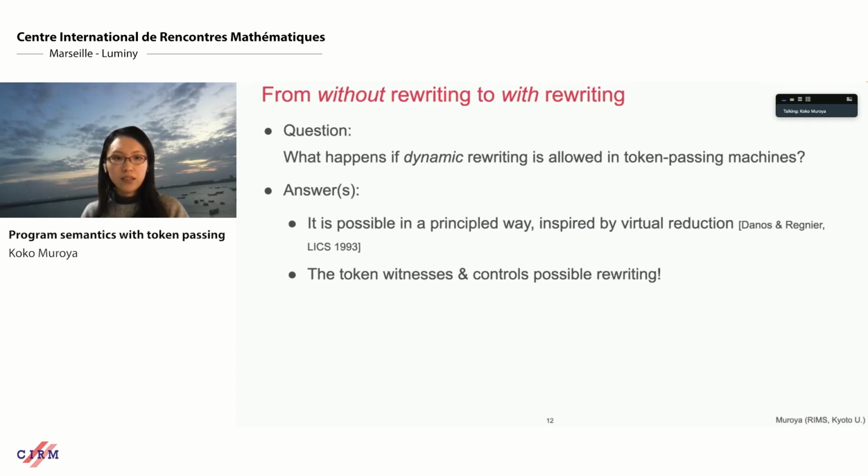And the answer is that it is actually possible in a principled way. The way is inspired by virtual reduction. The idea is that the token can witness and control every possible rewriting that we need.